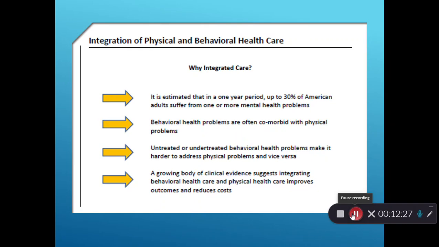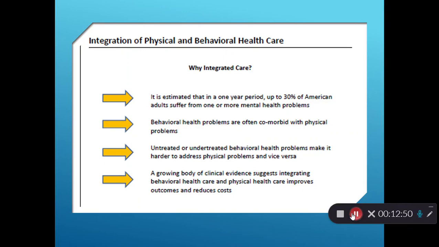So this can work back and forth so many ways, but evidence shows that when we combine these two, we not only reduce costs, but the most important part is we improve delivery of services in people's lives. They get better care, bottom line.